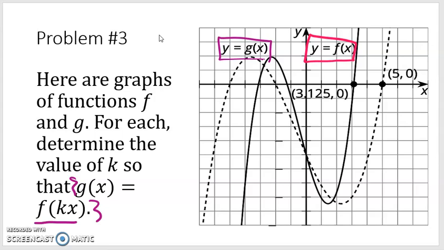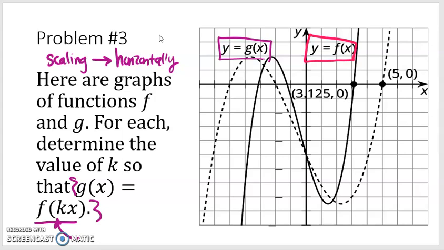The key that this is giving us is that k is inside with the x. Even though this is scaling, which you may also hear as stretching and shrinking, or stretching and compressing, because the k is inside, this is happening horizontally, meaning the x values are the items that are changing and the y values are remaining the same.